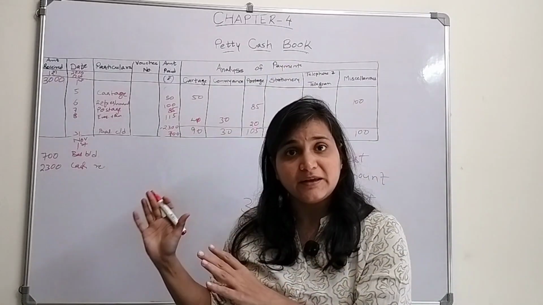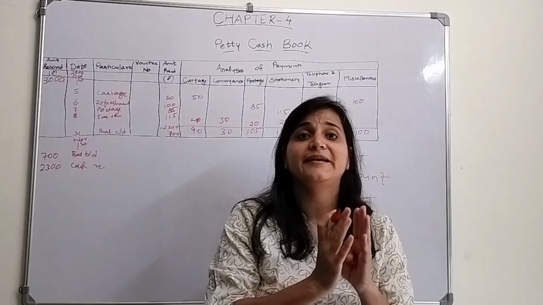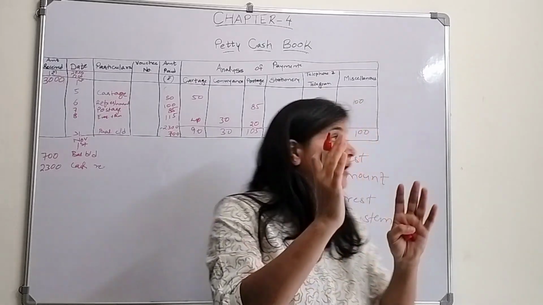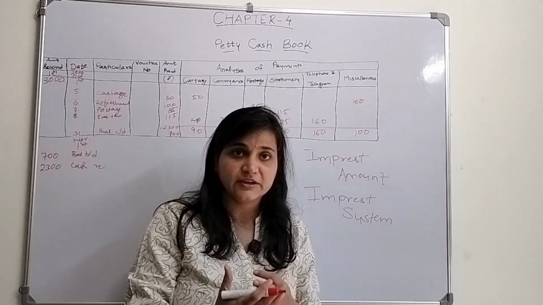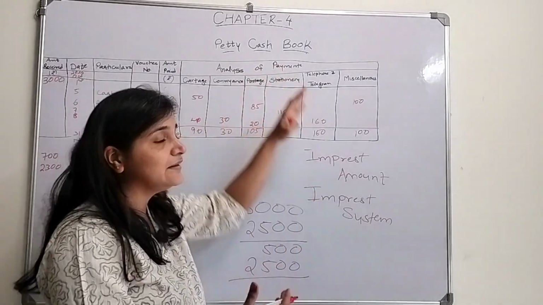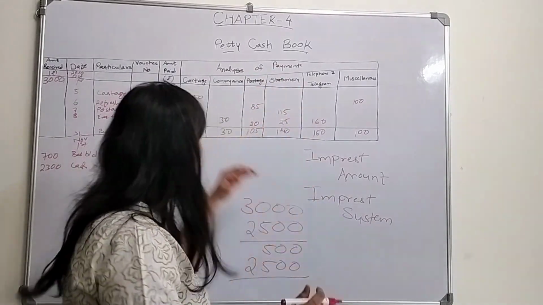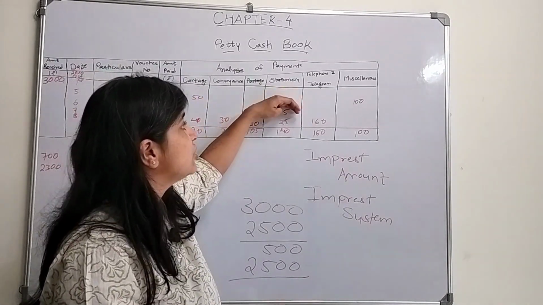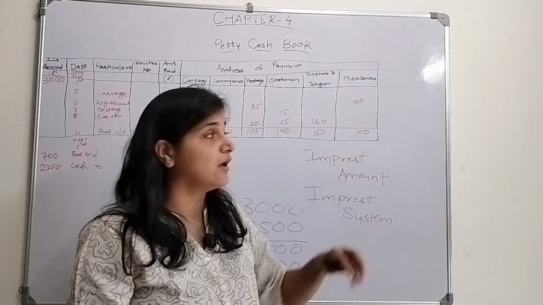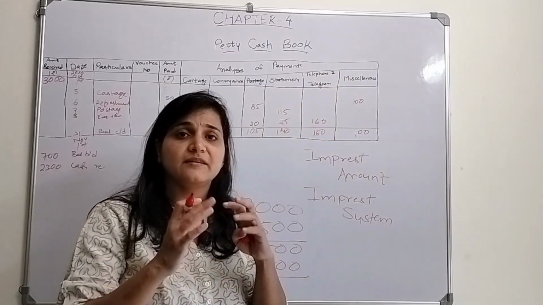Okay, now from this petty cash book, we have to prepare a petty cash account. Likewise, we prepare ledger accounts for each and everything. Similarly, these ledger accounts will be prepared: the cartage account, conveyance account, postage account, stationery account, telephone and telegram account, and miscellaneous expenses account.